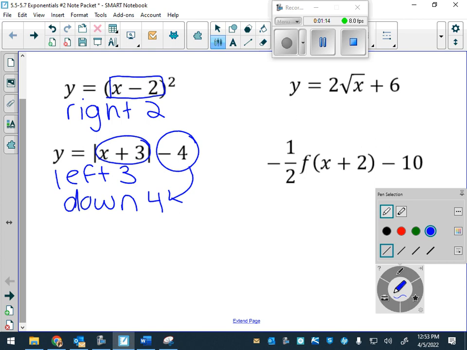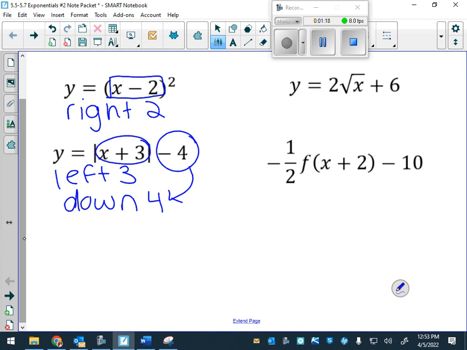What's happening here? What function is it first? Square root of x, okay, y equals square root of x. Transformations. Assad? Good. Vertical stretch by 2 and up 6.